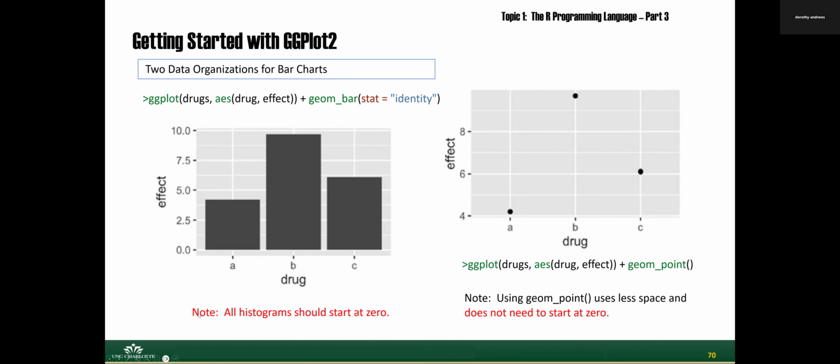But if you were to cut off this bar graph around 2.5, so like 3 or 3.5, it could make drug A seem vastly inferior to drug B and drug C, when in fact there isn't that much difference between those two. But you can see B is definitely the standout.